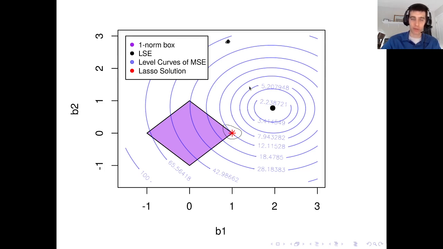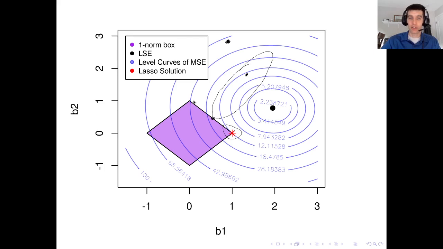It is possible, if you were to have some least squares estimate which is here, and some level curves which look like that, to have a solution which is not sparse. But it is more common that you will intersect the box at a corner, and when you do, this represents a sparse solution.